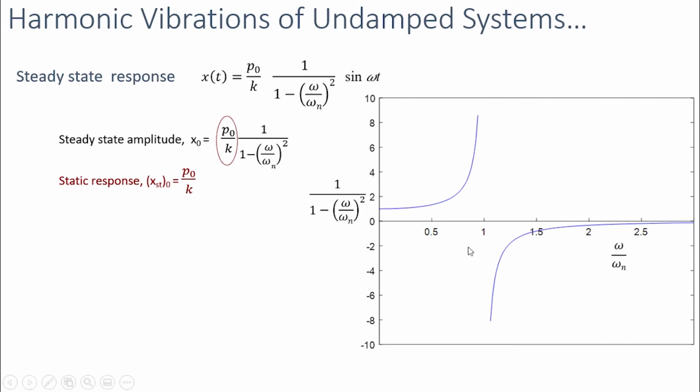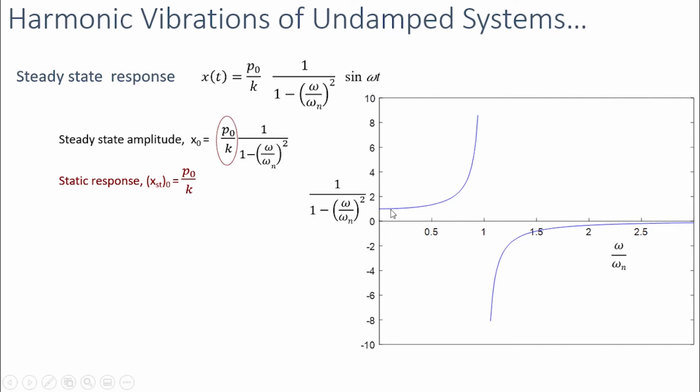The x-axis of this plot shows the frequency ratio, the forcing frequency divided by the natural frequency. The y-axis shows the factor 1 by 1 minus frequency ratio square. As we can see here, when the forcing frequency is close to 0, the ratio is also close to 0, and that's when this factor will have a value close to 1. That means this term is vanishing, so the steady state amplitude will be equal to the static response of the system.